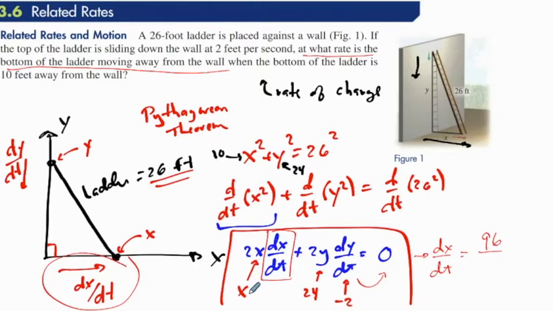And our x value was 10, so 2 times 10 is 20. That gives us 4.8 feet per second. Because that's positive, and the positive values for the x-axis are to the right, that is away from the wall. So it's moving away from the wall at 4.8 feet per second.